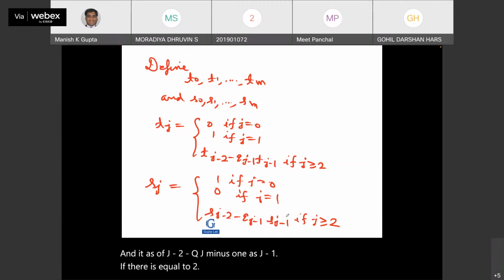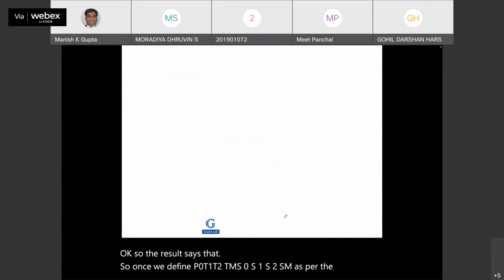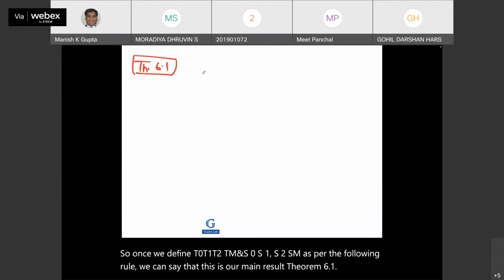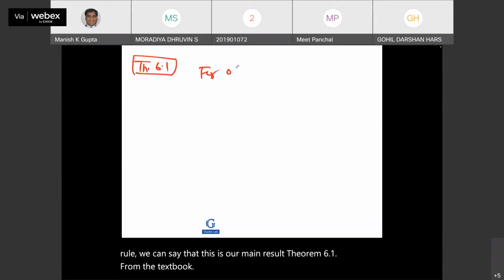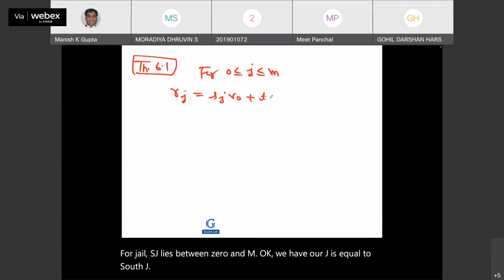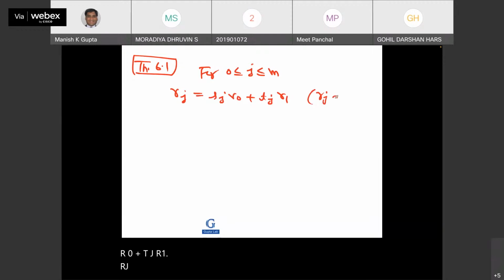So the result says that once we define t0, t1, t2, ..., tm and s0, s1, s2, ..., sm as per this rule, this is our main result, theorem 6.1 from the textbook. For j between 0 and m, we have rj = sj r0 + tj r1, where the rj's are as in algorithm 6.1.